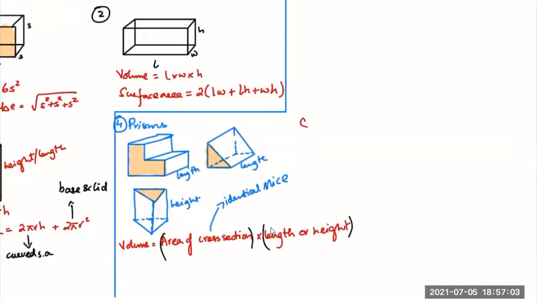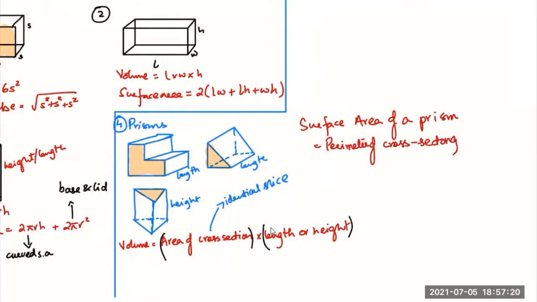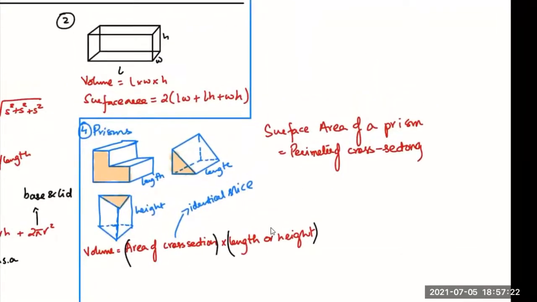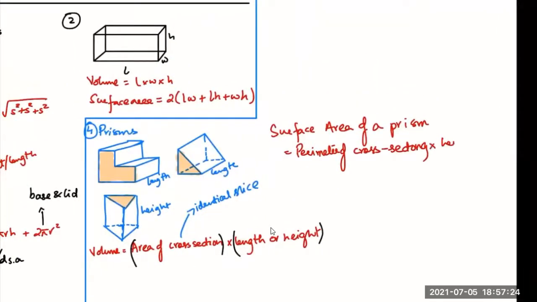What is the surface area of a prism? Does anyone have any idea? It's the perimeter of cross section into height or length plus 2 times the area of cross section.